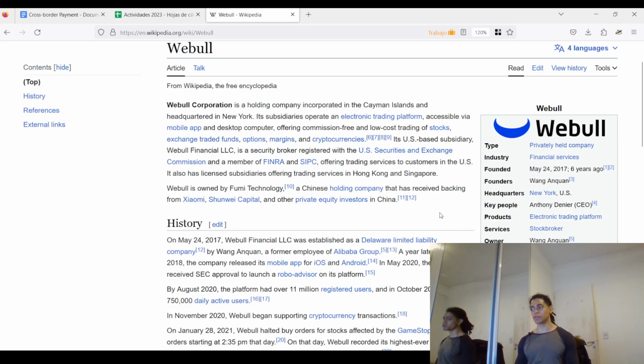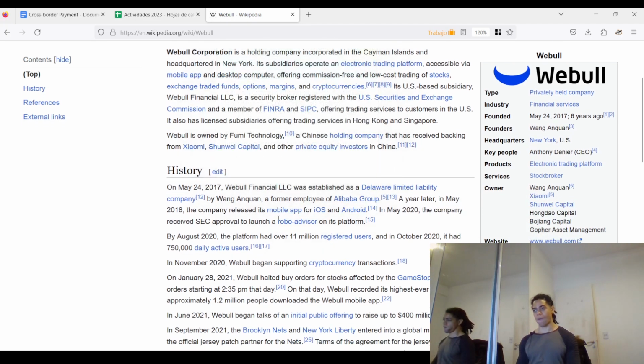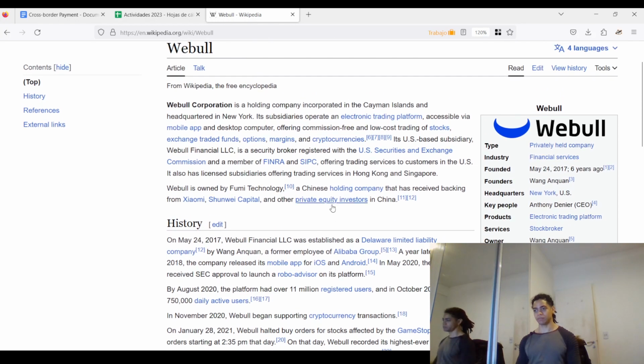Most of the owners of this are Japanese or Asian companies.